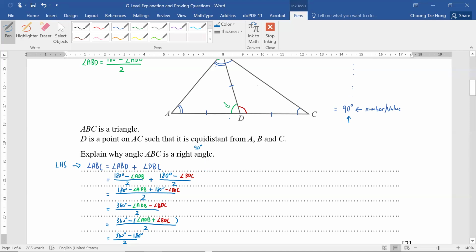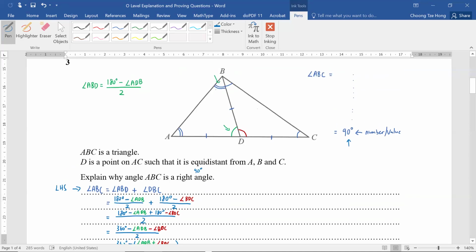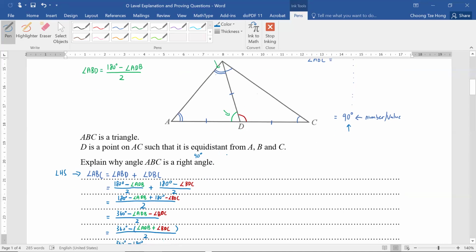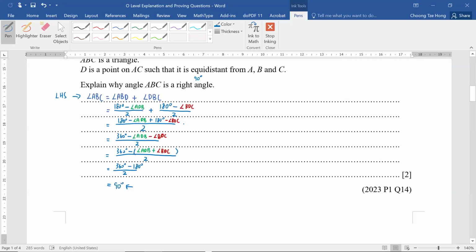One way is to use this angle near the center part, which I can express as 180 minus angle ADB, divided by 2. That is how I involve numbers into the question. Then do likewise for the other triangle, and you should be able to realize that these two angles add up to 180. So this is my approach to the question.